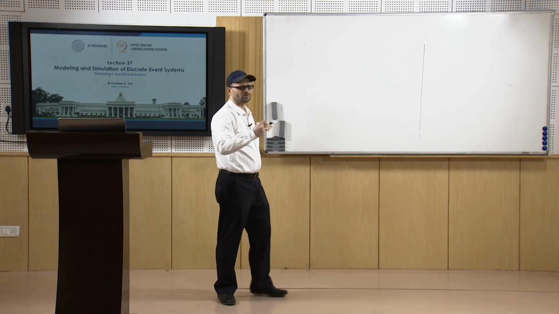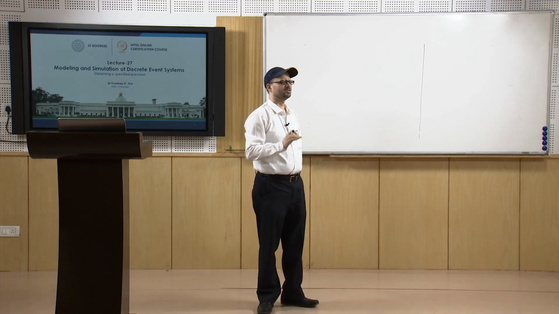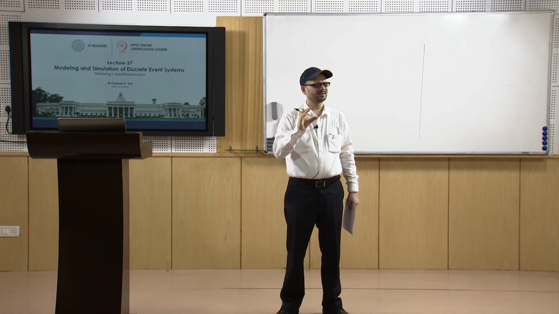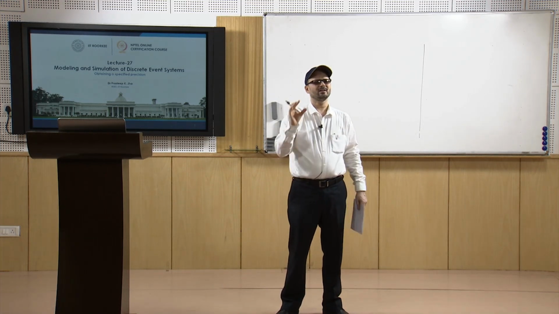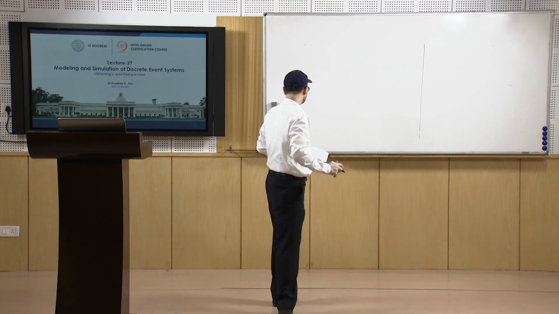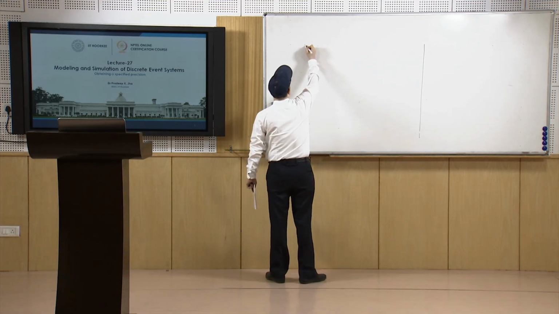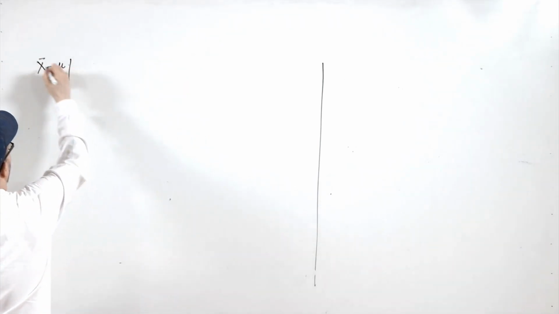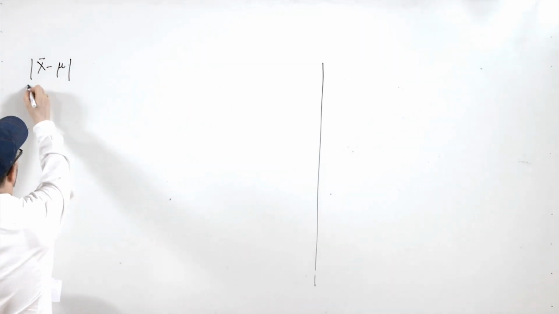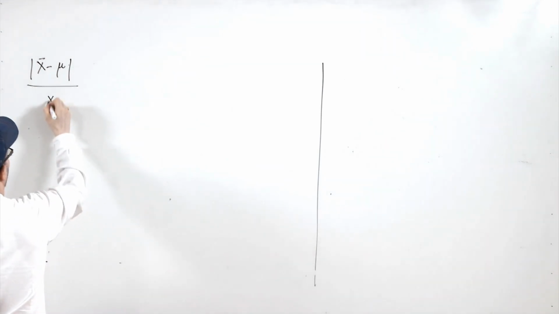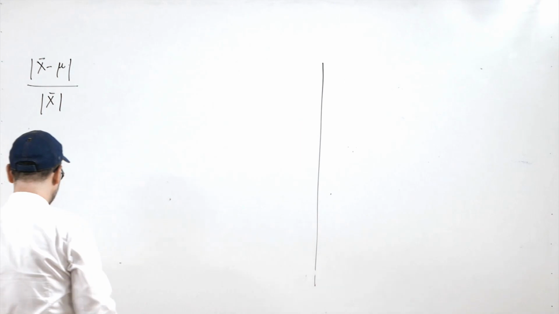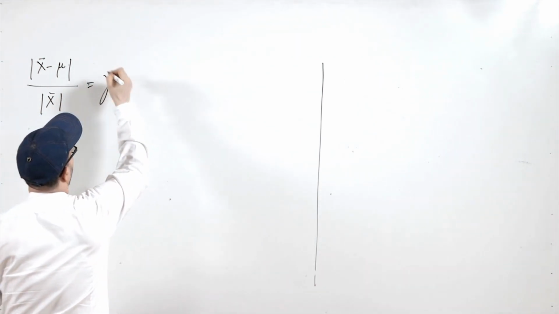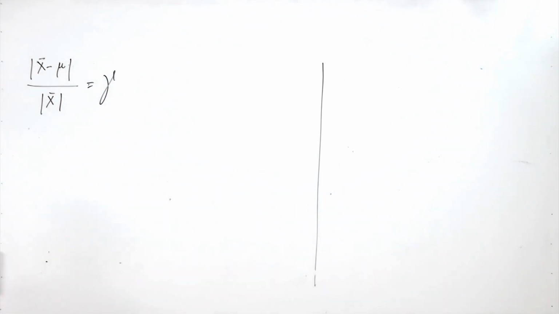So, what do you mean by that relative precision? In that case, x bar minus mu divided by x bar is given as a certain decimal value. So, basically x bar minus mu divided by x bar, that is a value that is specified.